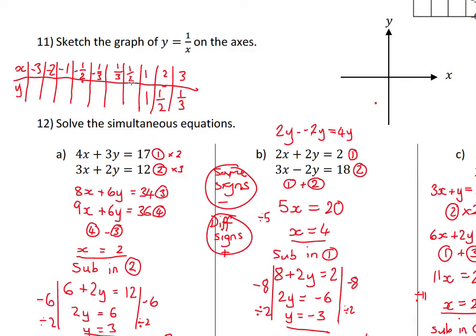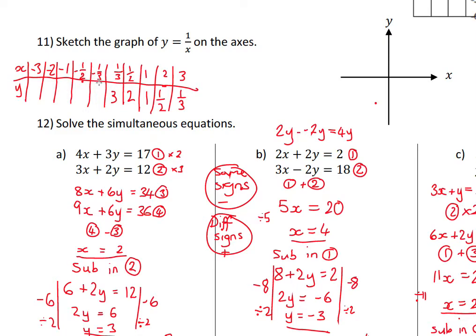Now, 1 divided by 1/2, how many halves go into 1? That's 2. And 1 divided by 1/3, how many thirds go into 1? 3. Okay, so this is actually giving us the reciprocal. If you remember, the reciprocal is 1 divided by that thing.